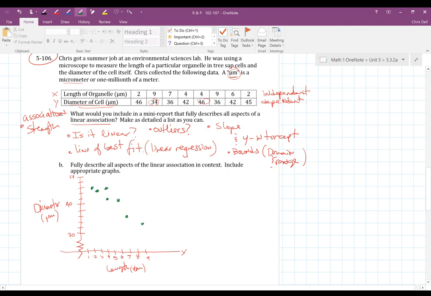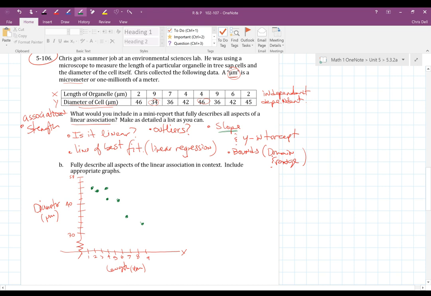If I look at this data, I can see it does look linear, right? And it is also decreasing. So when we talk about the slope, we also have to talk about it decreasing in this case. Now it wants me to describe.